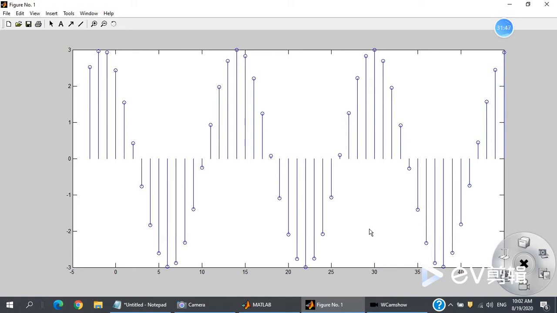But here we have one thing. Is this a periodic signal? You think this is periodic, right? One negative side, one positive side, then another negative side, then positive side, right? So is it periodic? I would say yes or no.